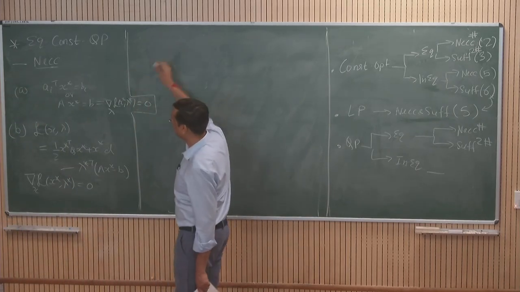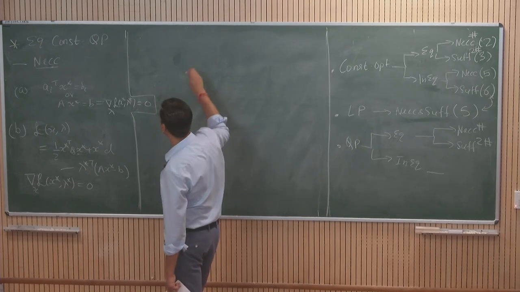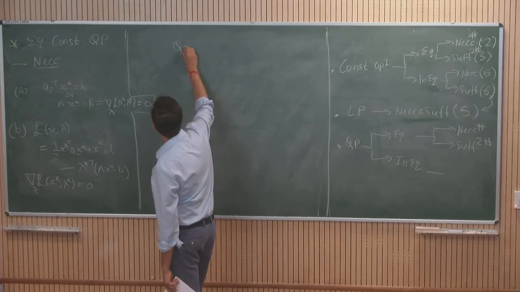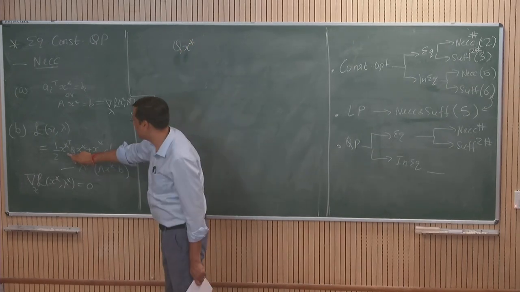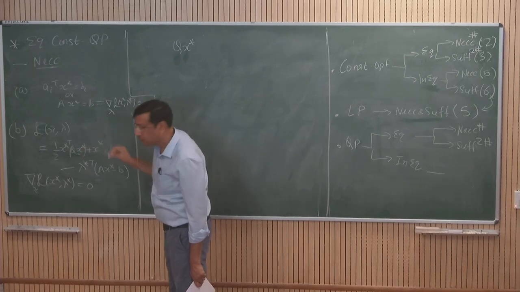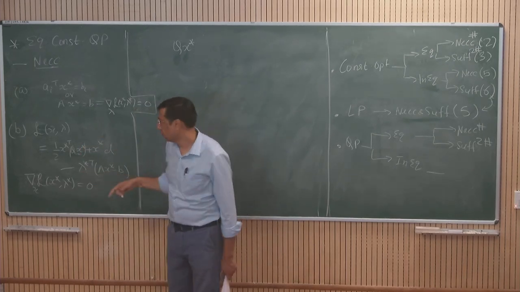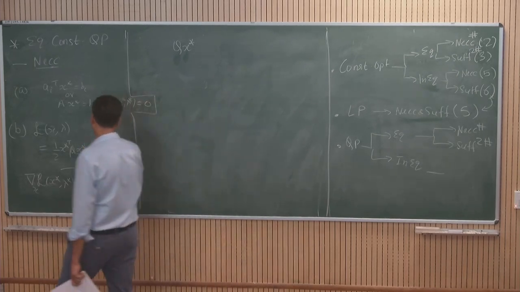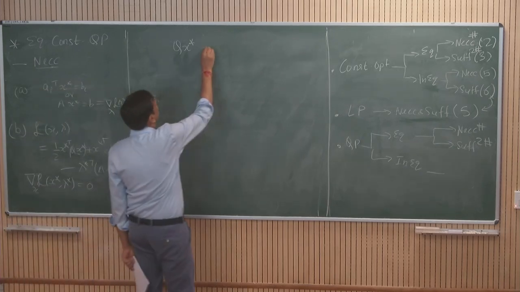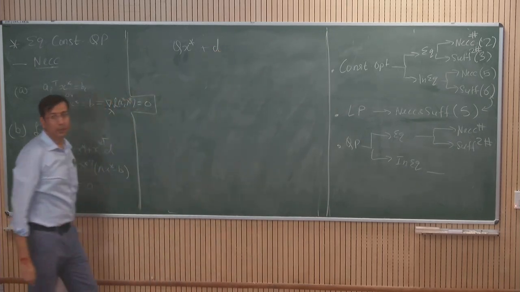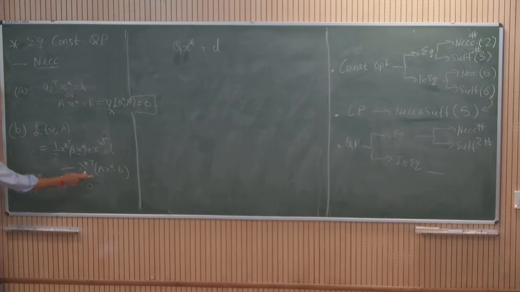Sir, we can take... What is the gradient of this? Tell me. Q x star, because this is a vector which will come out. Correct? Everybody knows this now. And this would be plus d. Correct? And then we have to do the gradient of this.